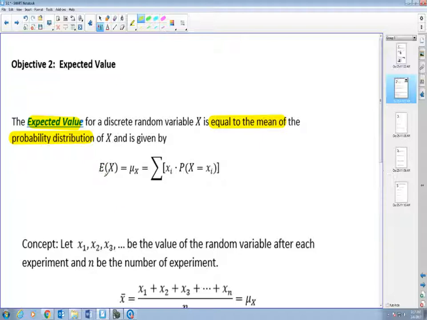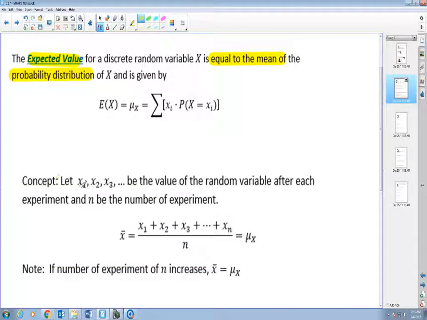So expected value, using the capital letter E, of the random variable x is equal to the mean of the random variable x. This is the notation we will write, which is equal to the sum of all your xi entries, the 0 heads, 1 head, 2 heads, times the probability.